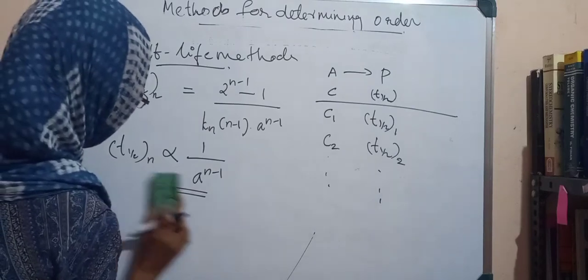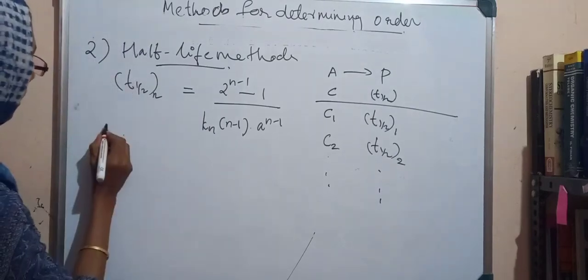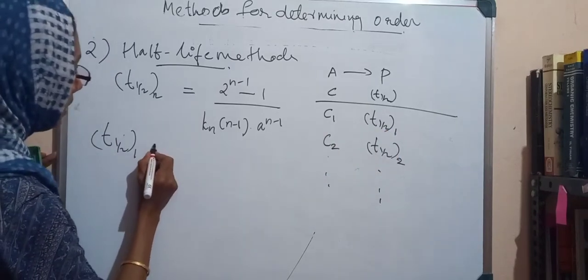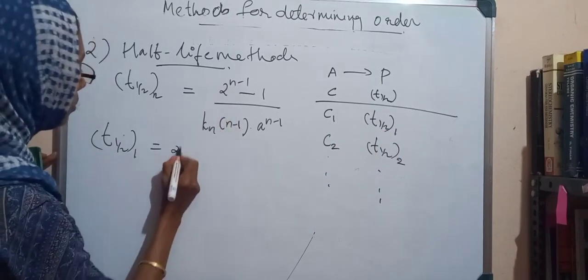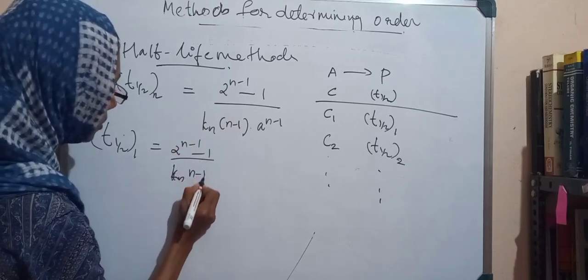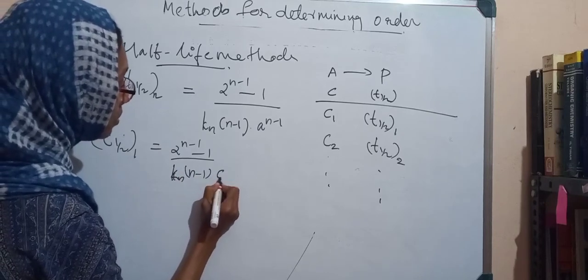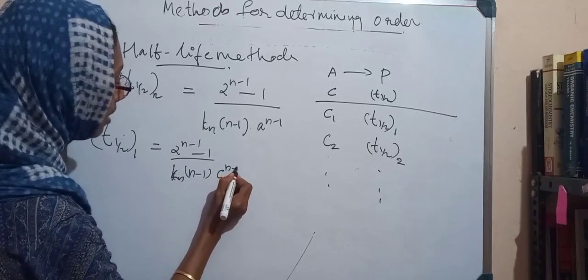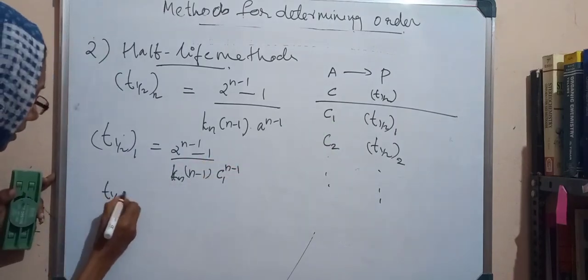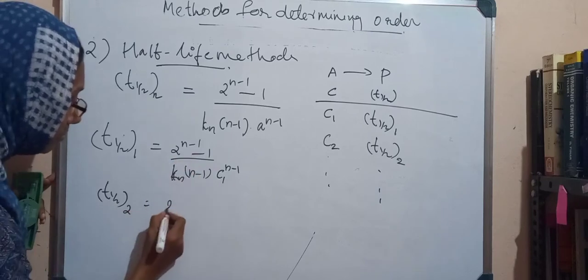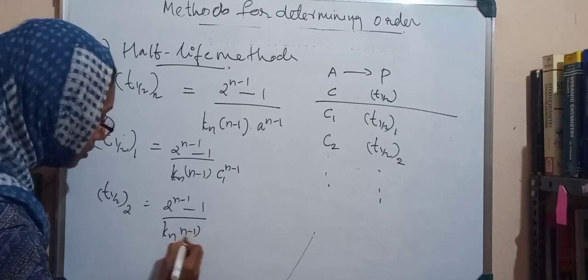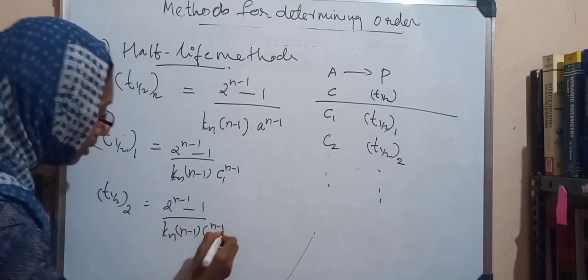T half 1 is equal to 2 raised to n minus 1 divided by kn into n minus 1 into C1 raised to n minus 1. Here the concentration is C1. Similarly, T half 2 is equal to 2 raised to n minus 1 divided by kn into n minus 1 into C2 raised to n minus 1.